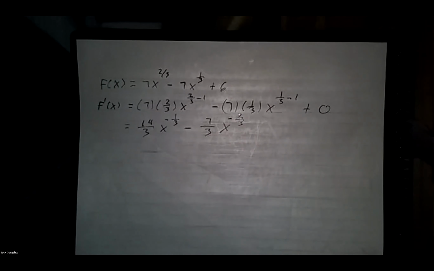Okay, so at that point, we're pretty much done. Yeah, there's nothing else to do. They don't change the powers to negative or positive, so you can leave it like this.